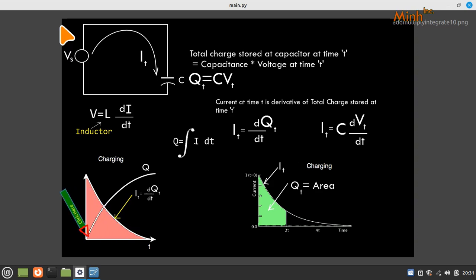This area curve, if I draw, that is Q. You can see the area curve is growing, and after a time it becomes stagnant.